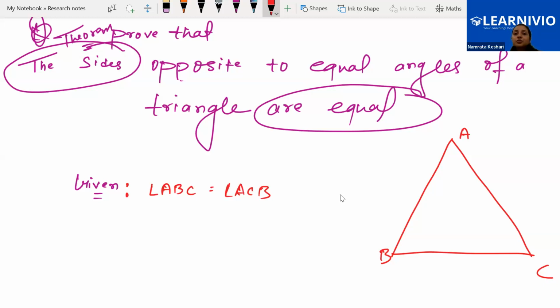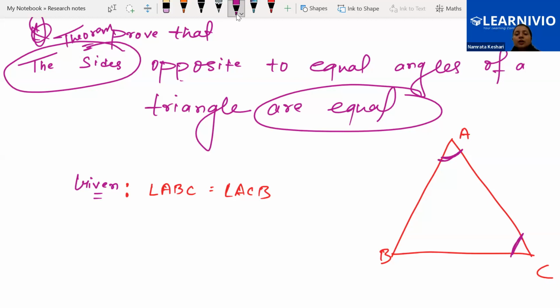But you only have to be careful that whatever angles you are taking, the sides opposite to those angles are the two sides you will focus on making same, and accordingly you are going to take the triangle. So suppose in this same question you have taken this angle and this angle as same.